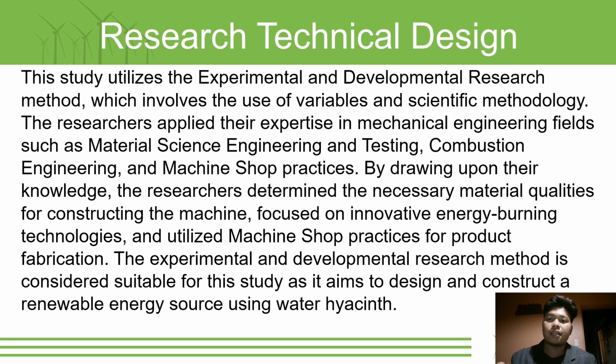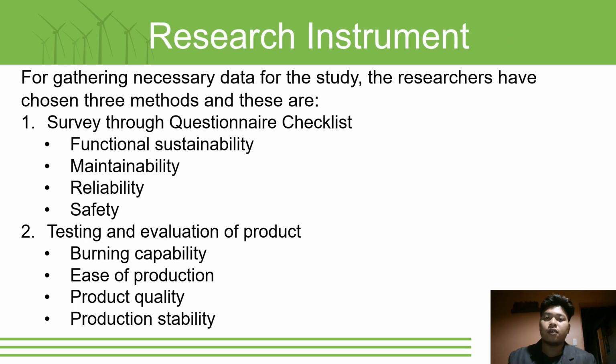For our research technical design, the experimental and developmental research method is considered suitable for this study, as it aims to design and construct a renewable energy source using water hyacinth. For our research instrument, to gather further information on the proposed study, researchers use a survey through questionnaire and testing and evaluation of product in terms of burning capability, ease of production, product quality, and production stability.